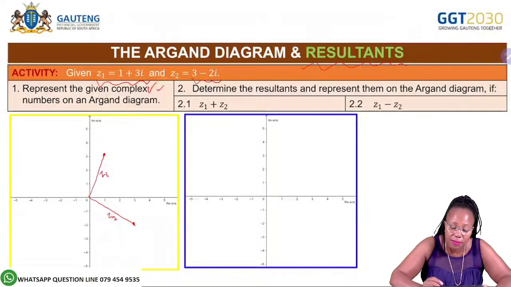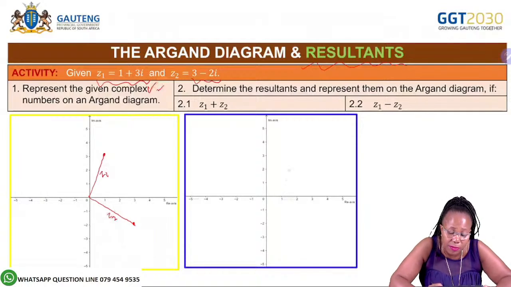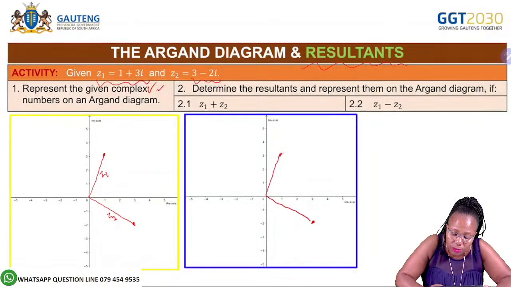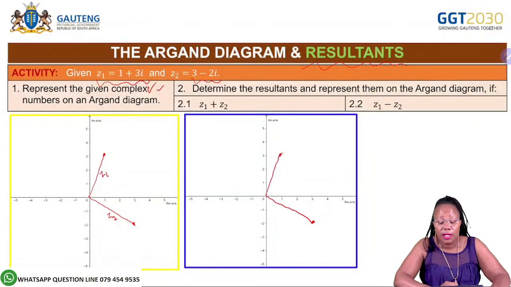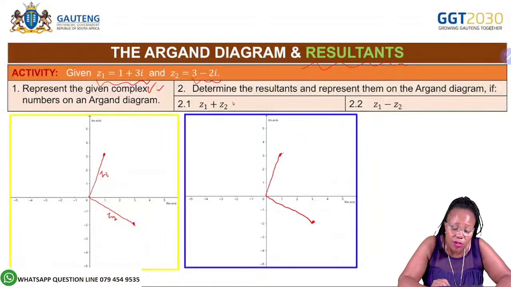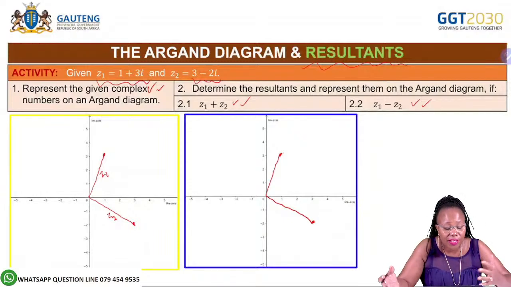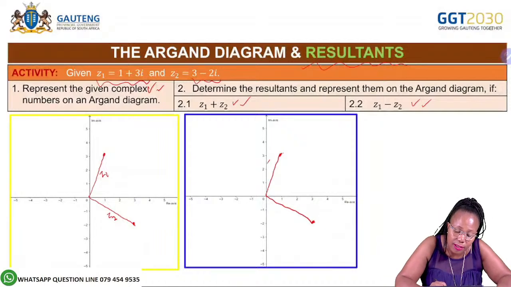Let me have another one this side, same diagram, 1 and 3 for Z1 and 3 and minus 2 for Z2. Right, and then with the first one, yellow one, we are adding, and with the blue one we will address the subtraction part. So with the original sketching we'll be having this as our Z1 and Z2.